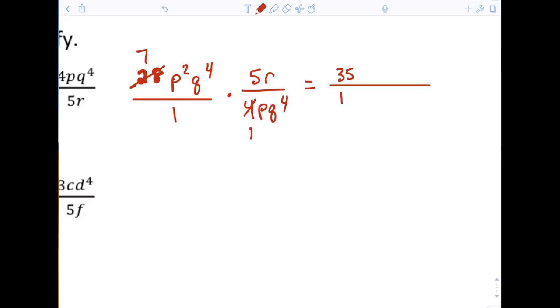Now how many p's up top? How many on the bottom? So I'm left with a p. And then what happens to the q's? And what about the r? R on top. Now look, remember what I'm trying to ask you guys. If you're not sure about something, you're supposed to speak up. So can it just be 35? Yep, 35pr. If you wanted to, you could just erase and put 35pr.